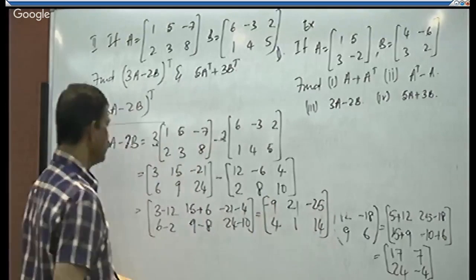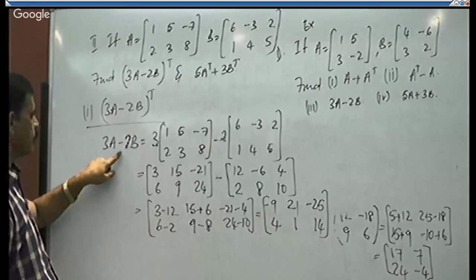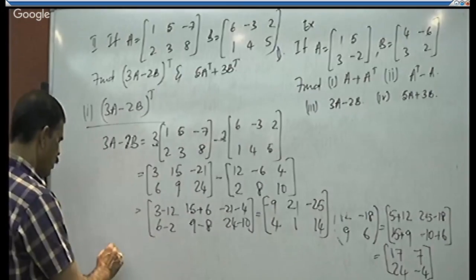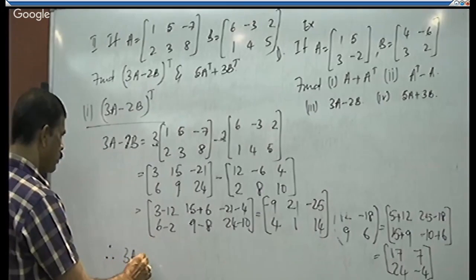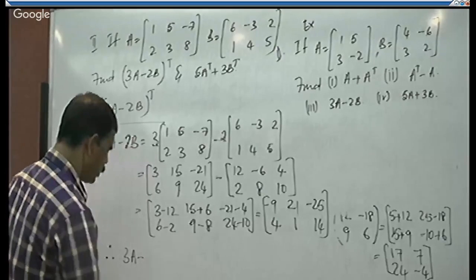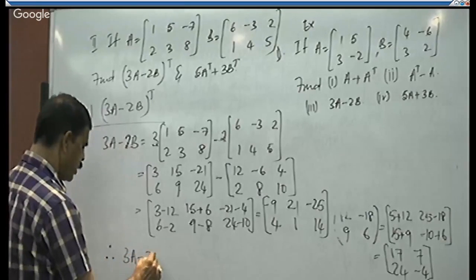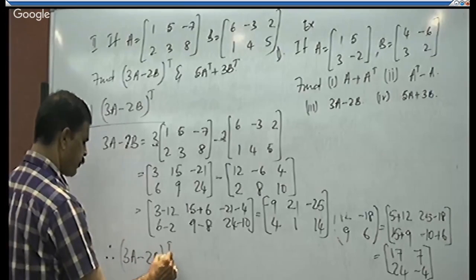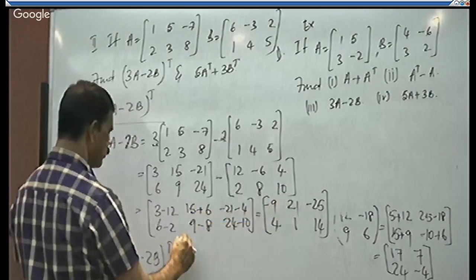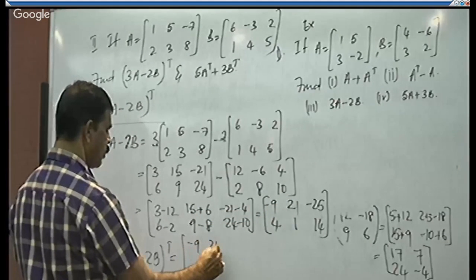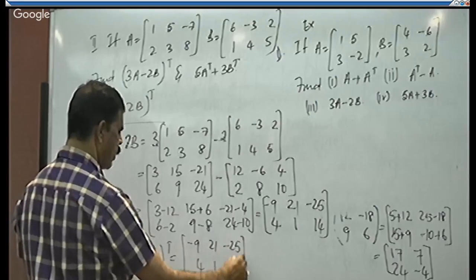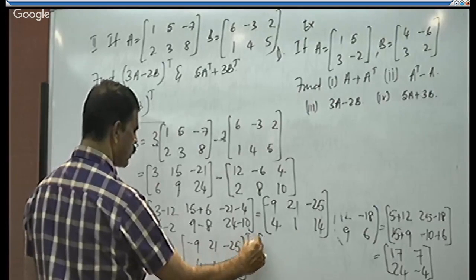This is 3A minus 2B. Then we can write 3A minus 2B transpose. It is minus 9, 21, minus 25, 4, 1, 14 transpose, which is equal to what?